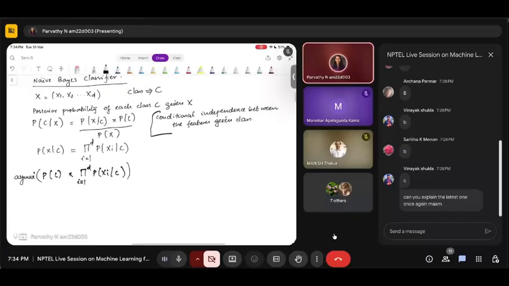This is what we do when we have a certain set of features and want to predict the class for those features. We calculate the class probability given certain features. If we have two classes, we calculate for class 0 and class 1 given certain feature values, and then we take the class which has the maximum probability, that is by this argmax.